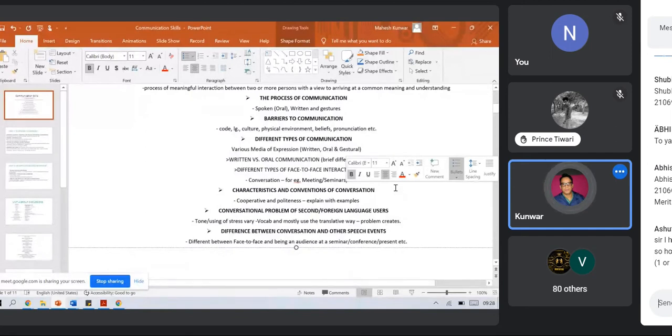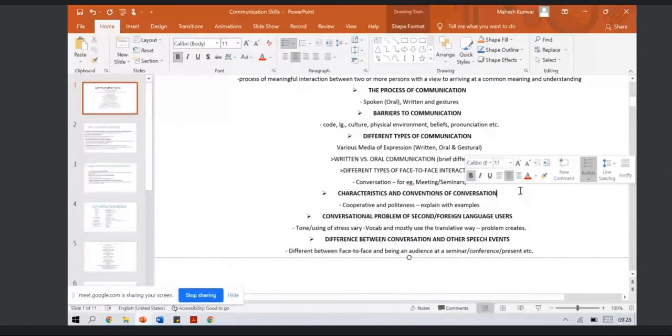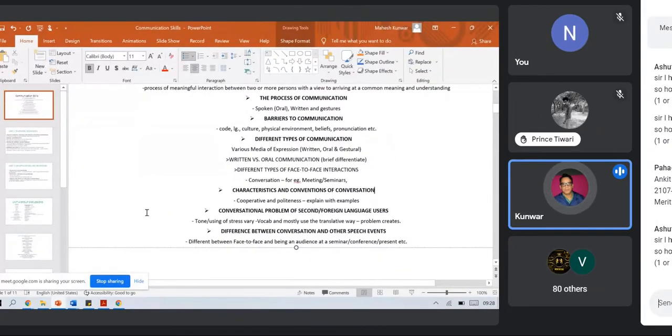Originally, we have three accents in English: the UK accent, the US accent, and the Australian accent. The other English accents are not primary accents like these three. Among the three, the UK or British accent is the old and traditional English accent, which is more polite and more good to listen to.